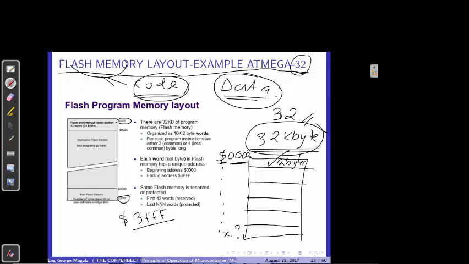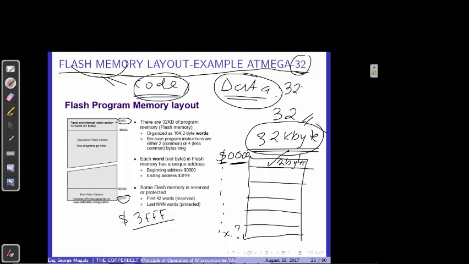Now if it is packaged as 2 bytes, the other thing we want to take note of is, let's say I've got the 32 kilobytes of space. How many bytes is this?